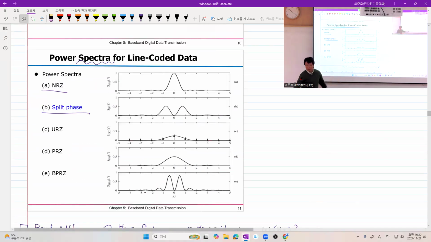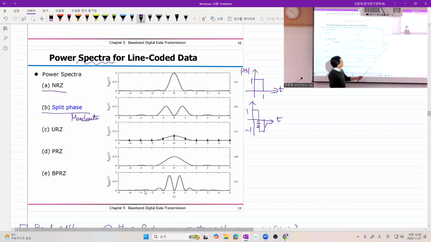So NRZ had what pulse? Let me remind you. NRZ, non-return to zero, had a pulse like this. And this split phase or Manchester code had, am I right? Something like this. So now let's have some intuition. Here you have 0, 0, 0, 0, 0. Suddenly you have 1. So some high frequency component, and 1, 1, 1, 1, 0, 0, 0, something like that.